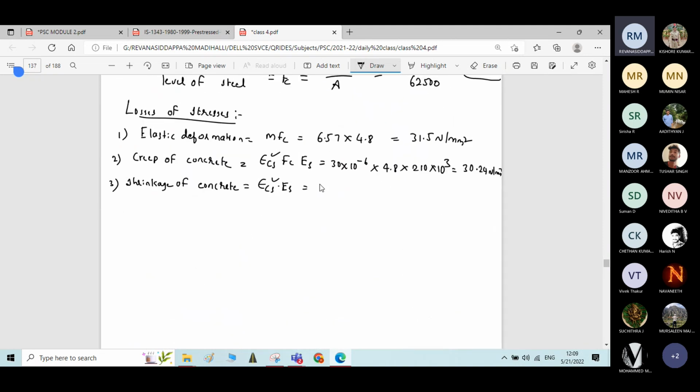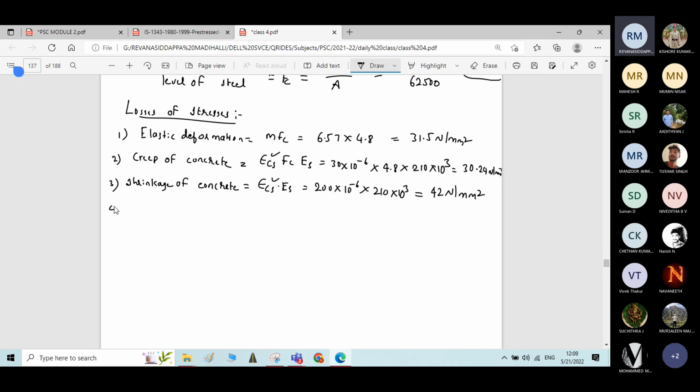So 200 into 10 power minus 6 into 210 into 10 power 3. If we calculate, it is 42 Newton per mm square.